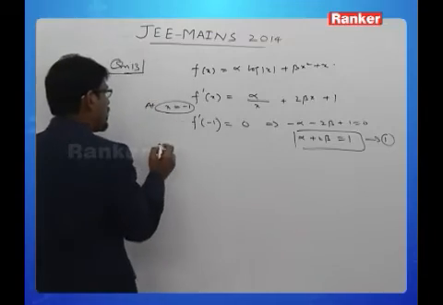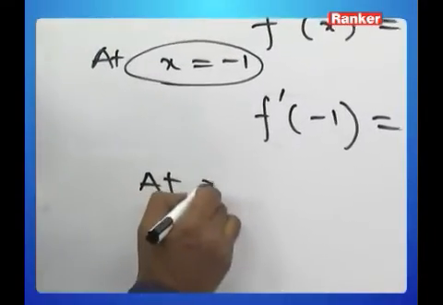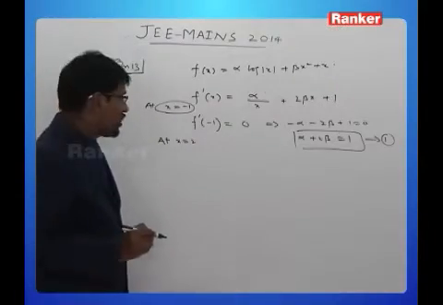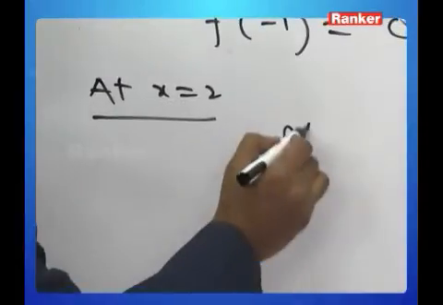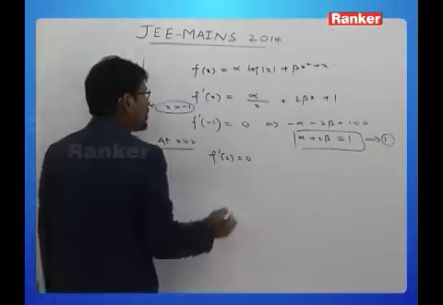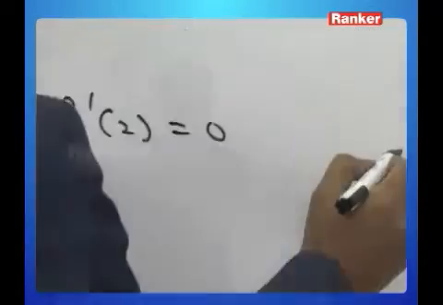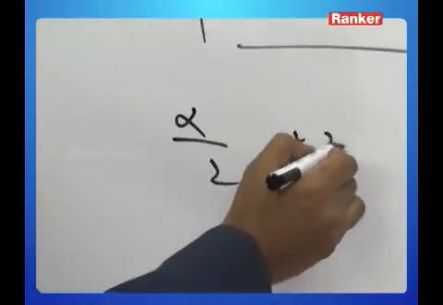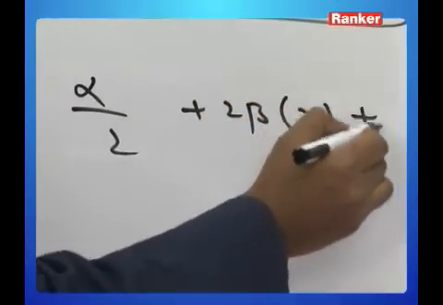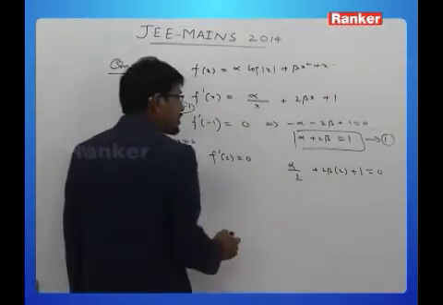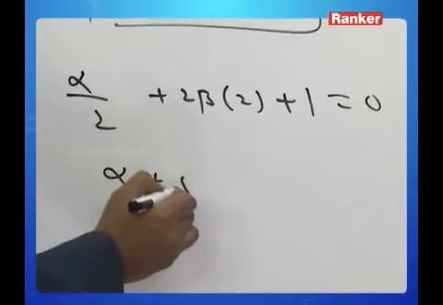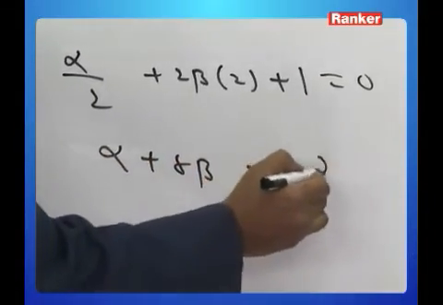Anyway, let's have a look at the other one also. At x equal to 2, we have the derivative f dash of 2 also 0. So that will also give us one more equation. So alpha by 2 plus 2 beta into 2 plus 1 is equal to 0. That gives us alpha plus 8 beta is equal to minus 2.